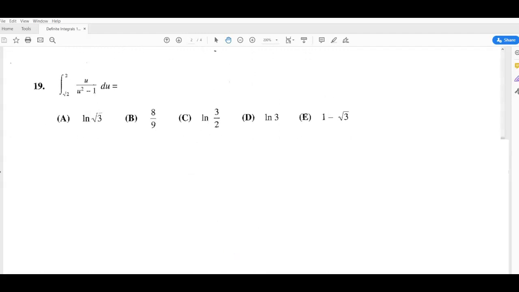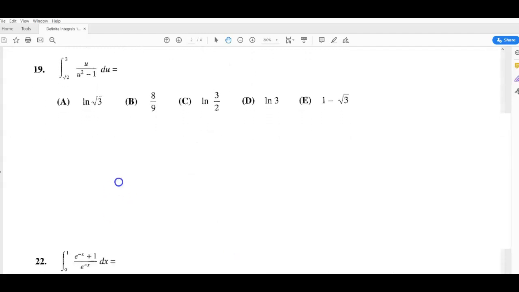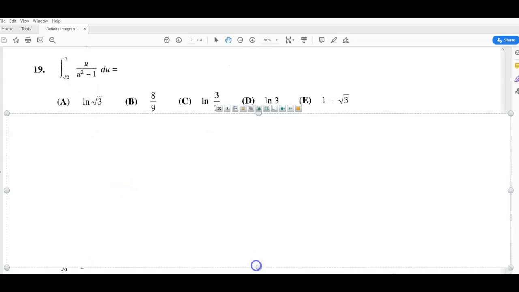All right, let's go ahead and take a look at number 19. Once again, when you have a fraction, a lot of times the u is going to be the bottom part of your fraction, and in this case, that still applies.